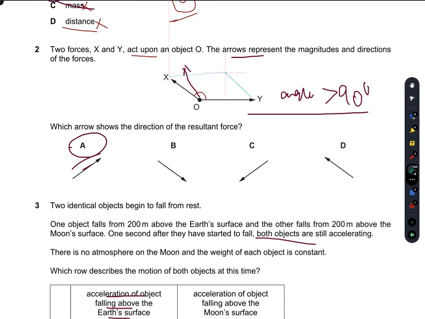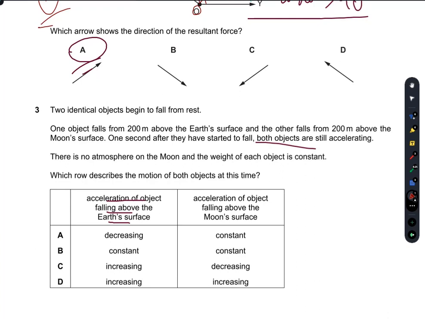That's our parallelogram. In this parallelogram, the resultant force should act from, suppose this is point Z, from O to Z. The resultant force would be O to Z. So A would be the direction of the resultant force. So A is the right answer.